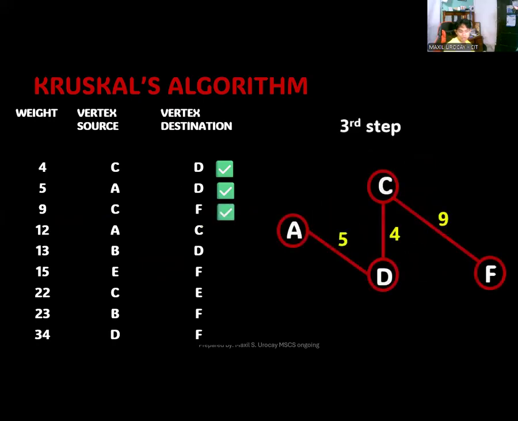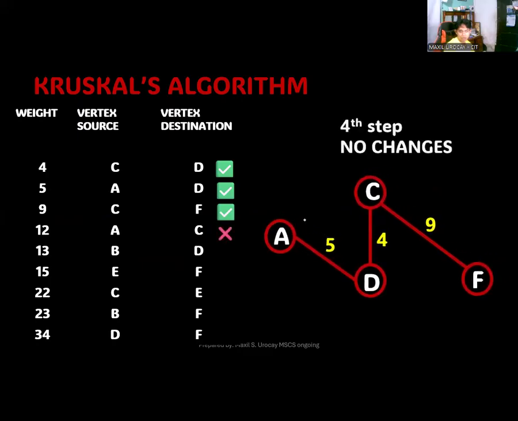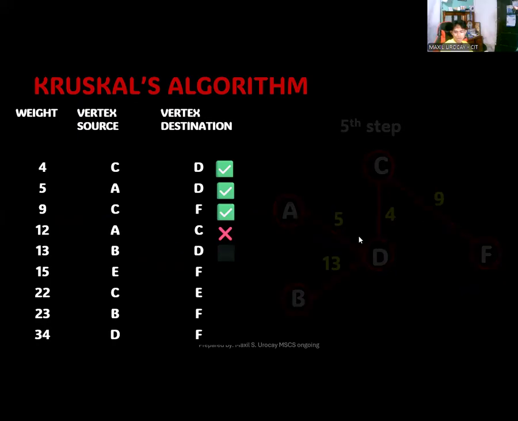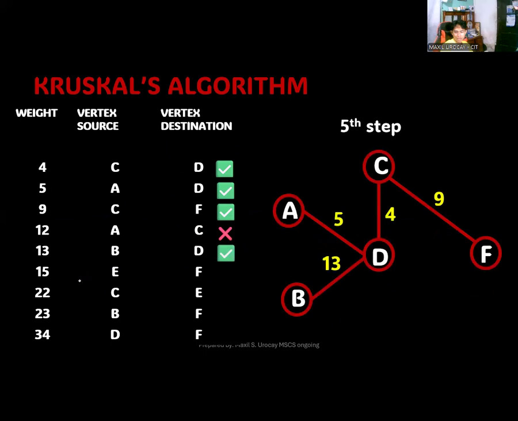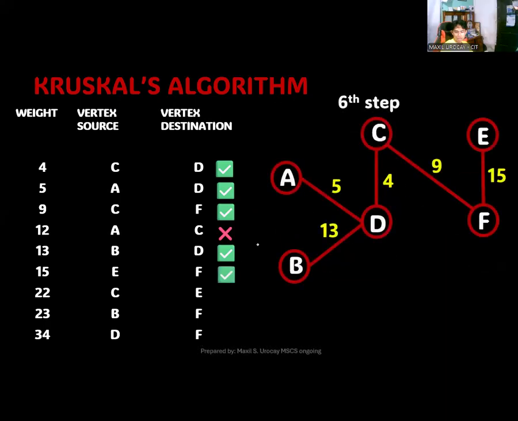For 12, that is AC. AC will form a cycle, so we reject that one, no changes. For step 5, 13 is BD. There's no cycle, so you can add that. And 15, E to F, has no cycle yet, so that can be added.